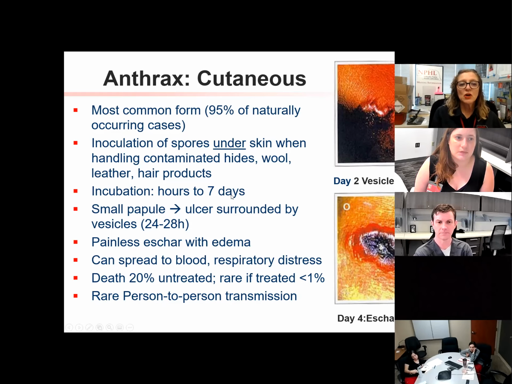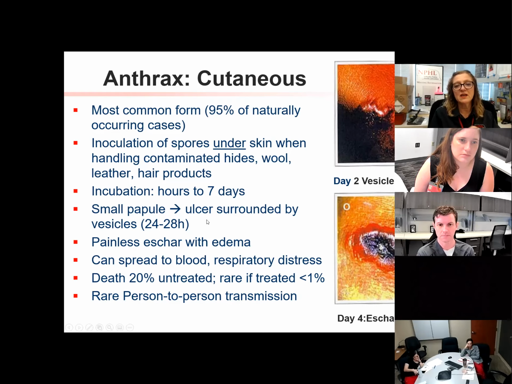All right. So incubation in a patient could just be a matter of hours, but then again, they may have gotten so few spores that it might take a couple of days, up to 7 days, for those spores to really show themselves and the patient to start showing symptoms. But if they do start showing symptoms, it usually starts with a skin ulcer that becomes bigger and bigger.